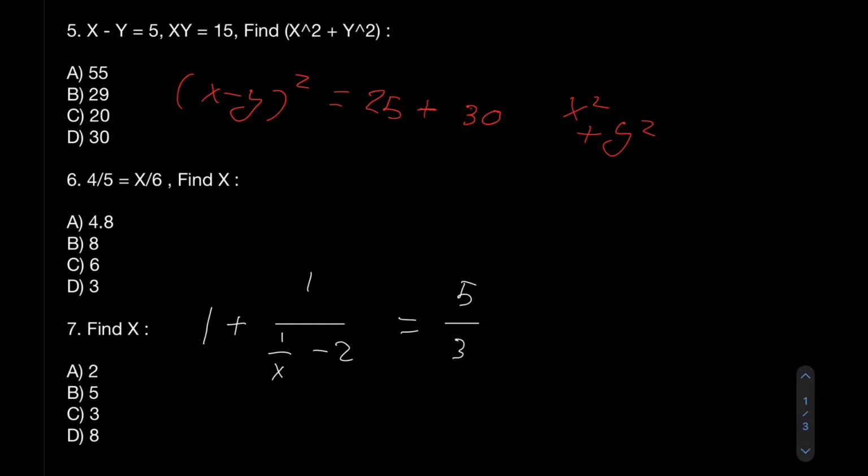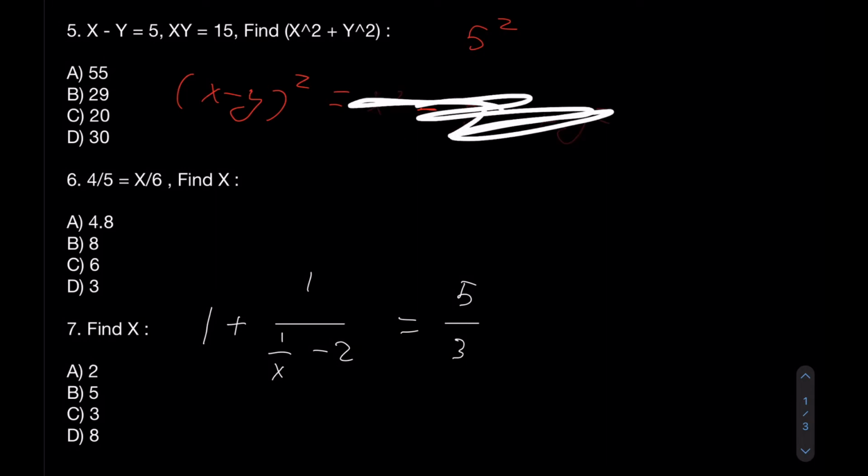Plus 30. This should also give us x squared plus y squared. Now I changed this sign, by the way, because if you look here, plus and minus means it's a positive.